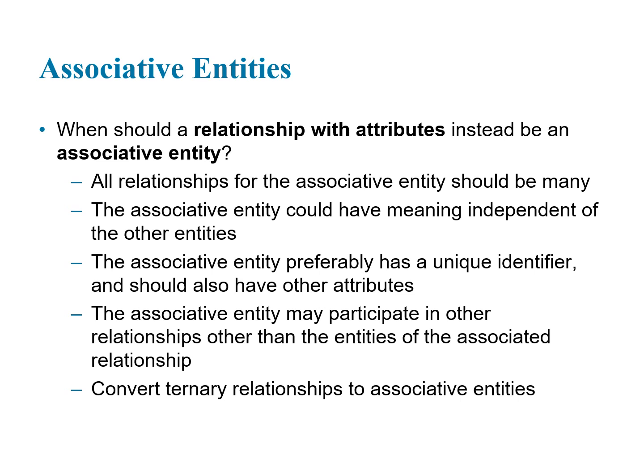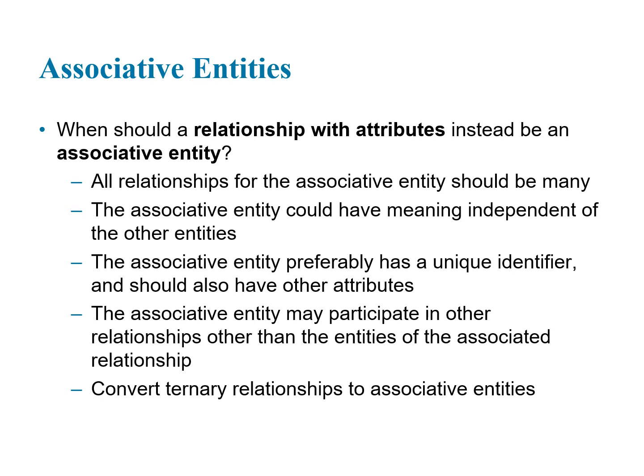Associative entity. When should a relationship with attribute instead be an associative entity? All relationships for the associative entity should be many. The associative entity could have a meaning independent of the other entities.